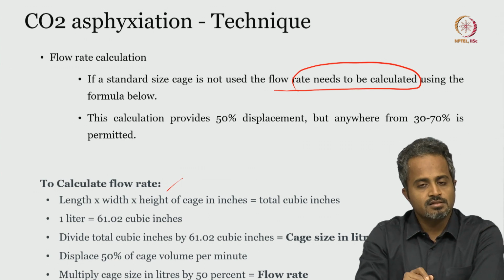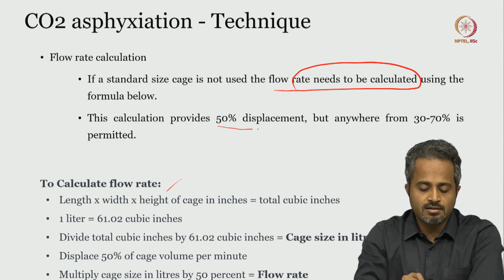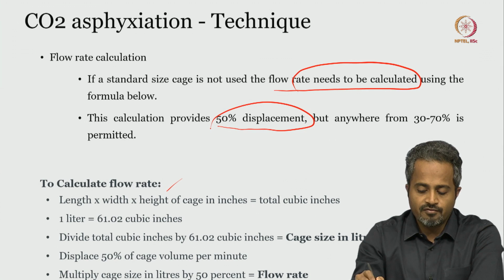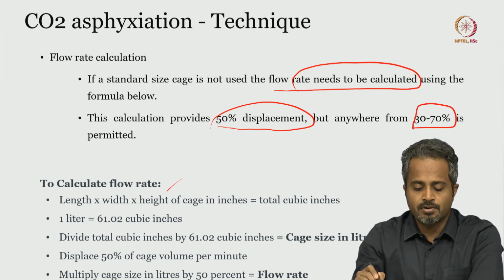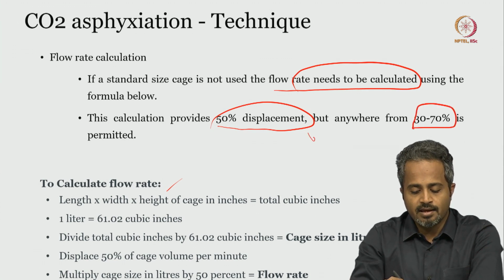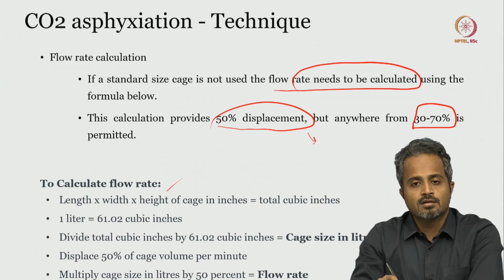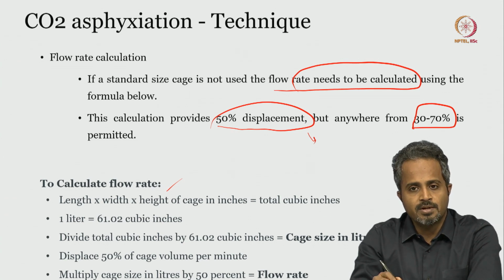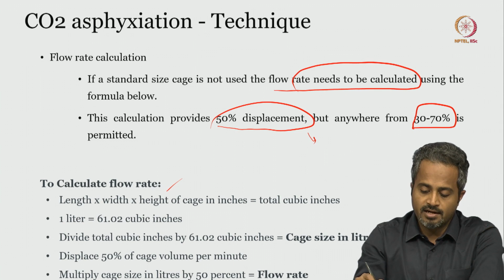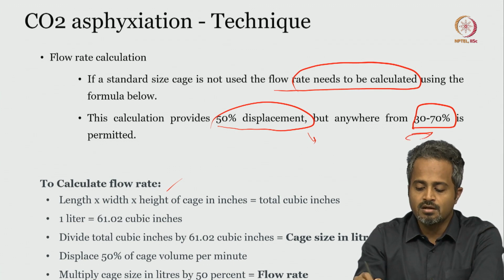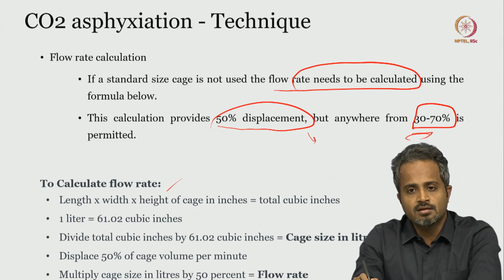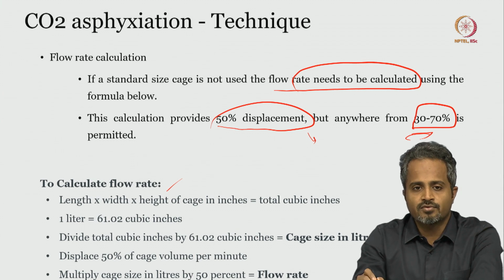This calculation usually provides 50% displacement, anywhere from 30 to 70% is permitted. That is, you are displacing the air in the euthanasia chamber and replacing it with carbon dioxide. So, the range of that displacement should be anywhere from 30 to 70% to achieve the end result of euthanasia.